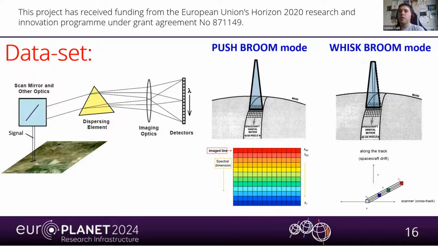So for each line we have the samples, substantially each pixel of the surface, and for the line, each wavelength. Whereas whisk broom mode acquires this information by scanning the surface, so we can say acquisition pixel by pixel. And so the images are reconstructed in a more complicated way, because we do not have an acquisition of a complete line each time.